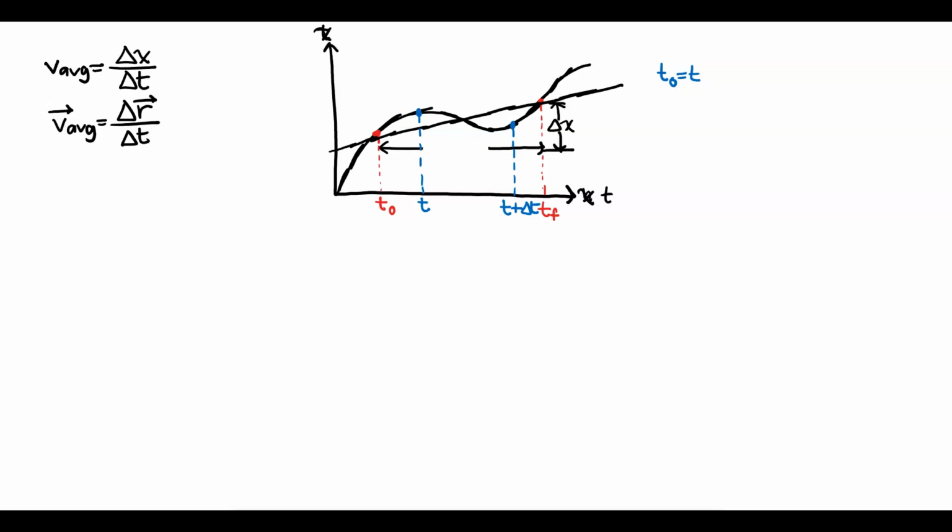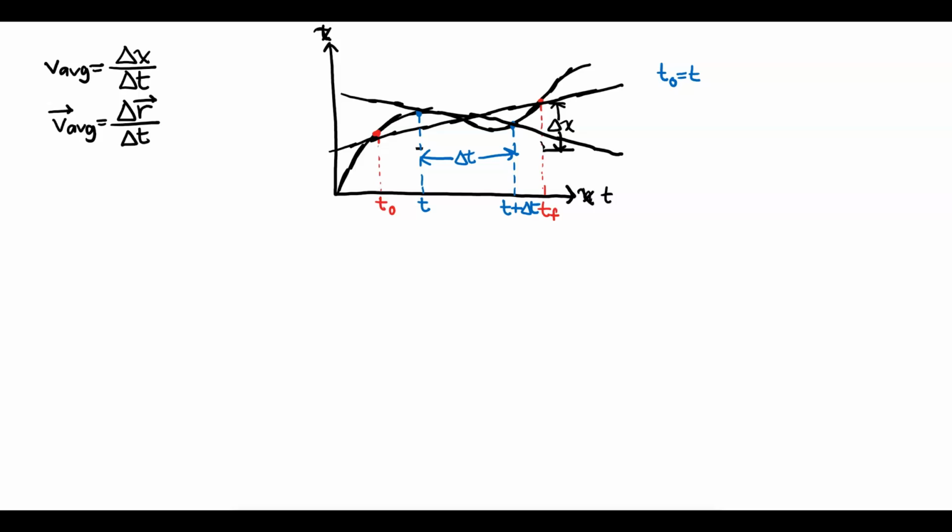Let's get rid of that. Okay, so this is our new delta t now. All right, and we can get our average speed by connecting the line through it.